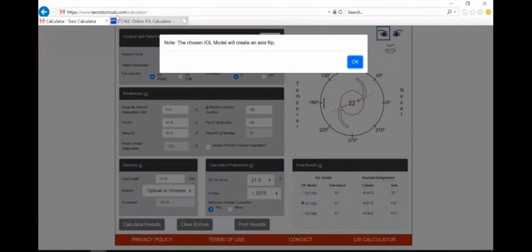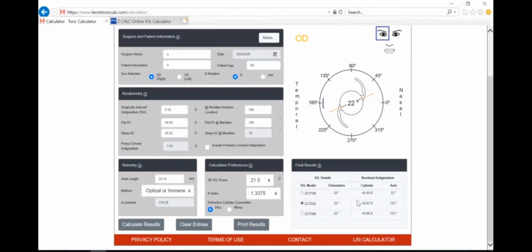ZCT 225, what shows up here is that the IOL model will create an axis flip. Okay, so what that means is that you're going to switch the astigmatism axis. If you look at the residual astigmatism here, it's much lower. It's 0.07. So the amount of astigmatism is actually much lower than the choice up here, right?